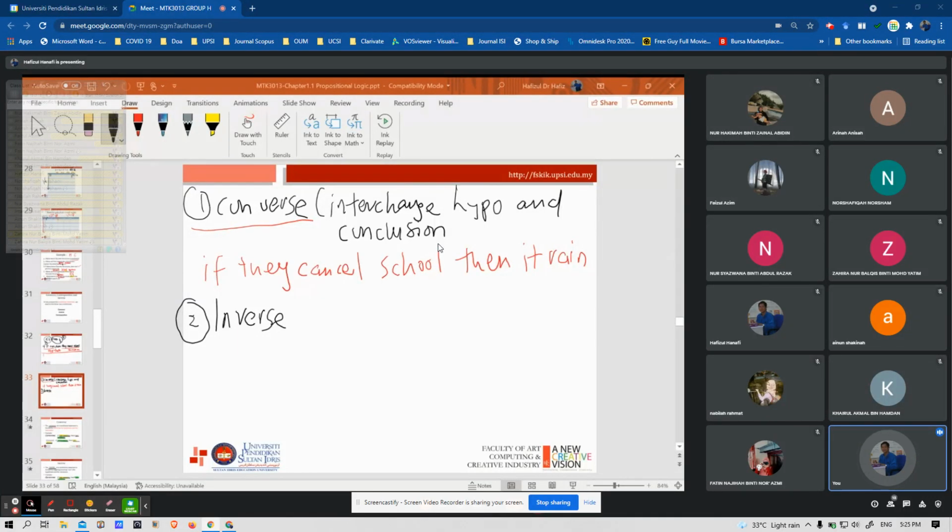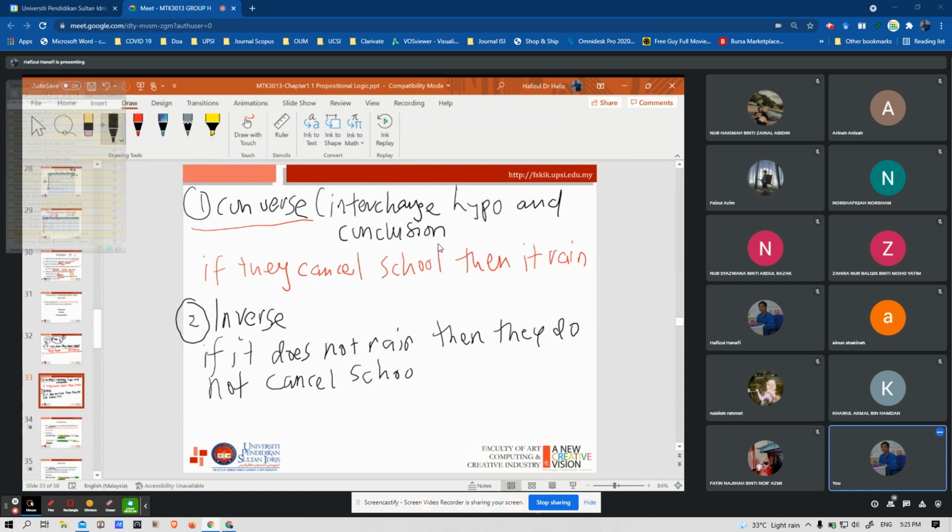If it does not rain, then they do not cancel school. Okay, for the inverse, take the negation for both.